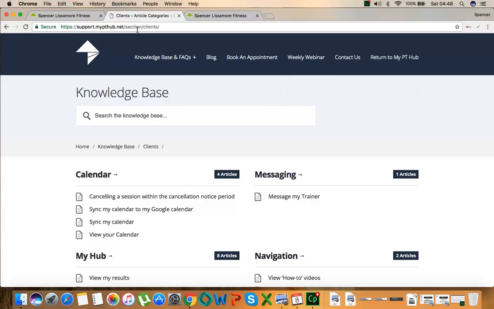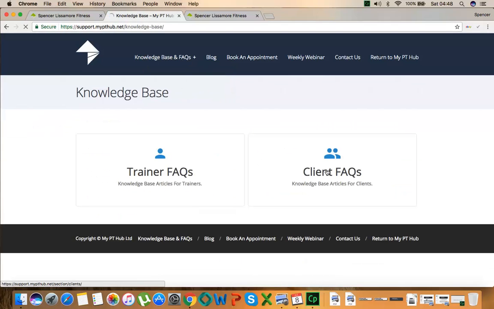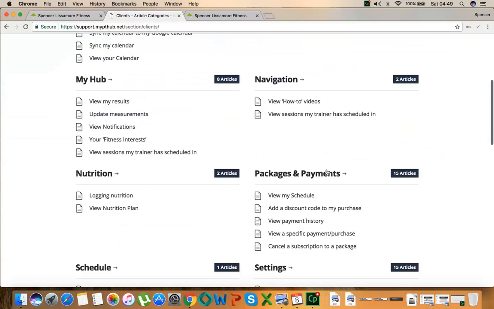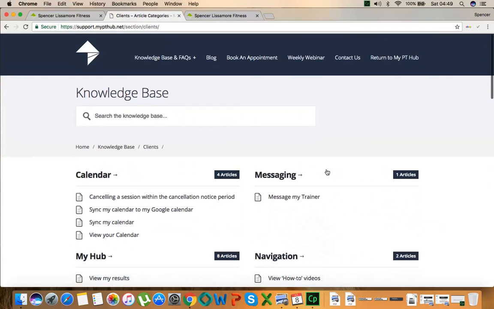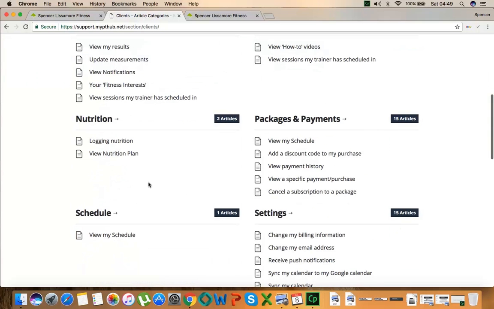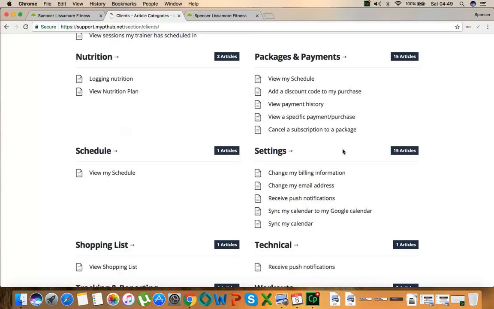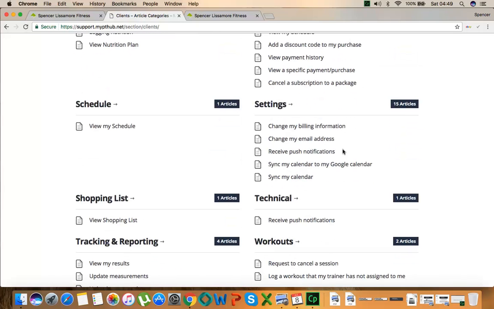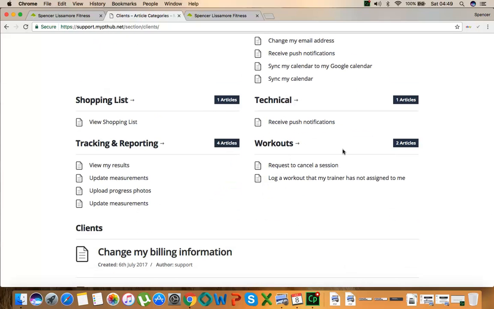If you just go onto the website shown above, you can then click on the knowledge base and frequently asked questions, where you can go through any questions which my clients or other clients in the world have asked, and get an understanding of how to sync your calendar, how to log your nutrition, how to view your nutrition, how to understand payments and packages, whether you wish to pay by cash or bank transfer, and how to set that up.